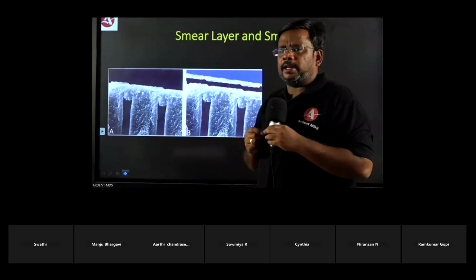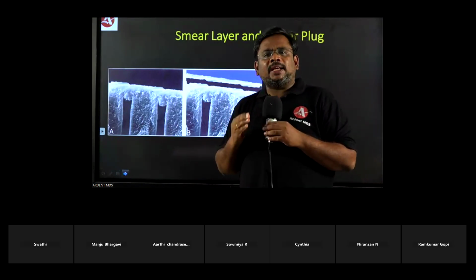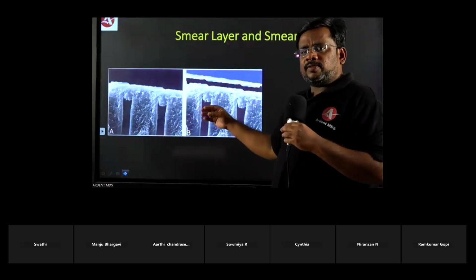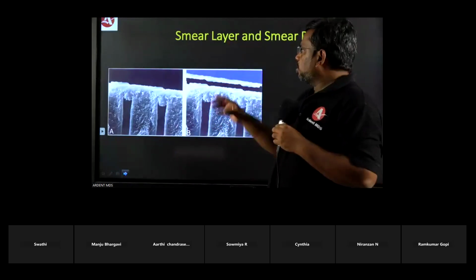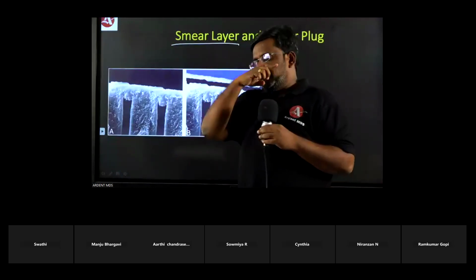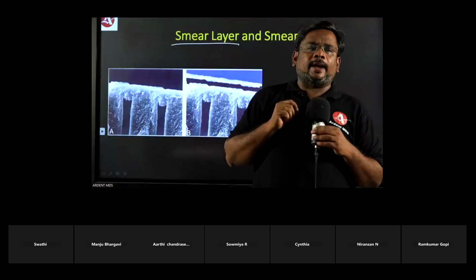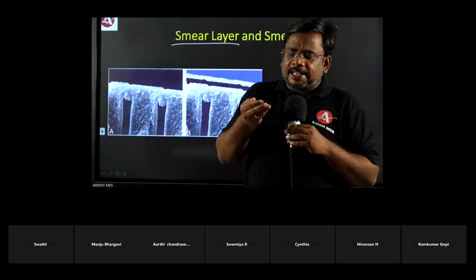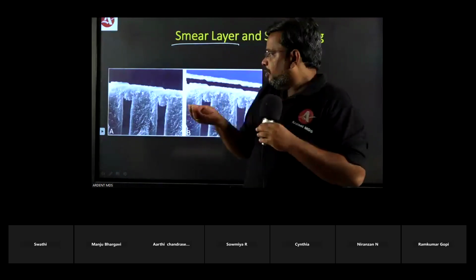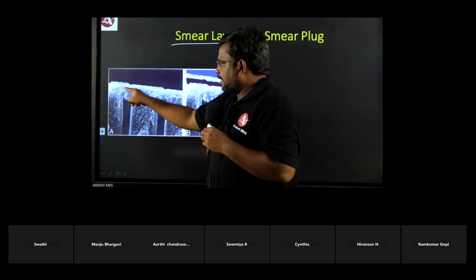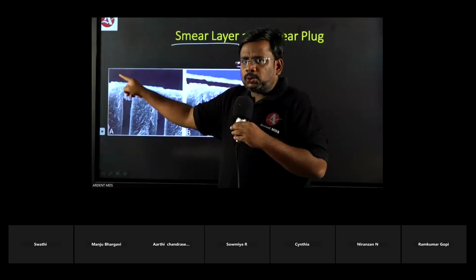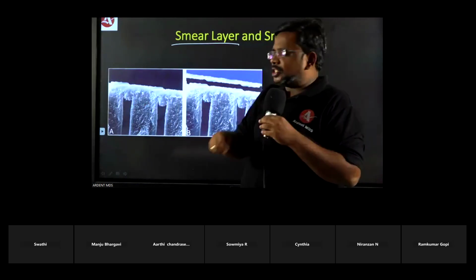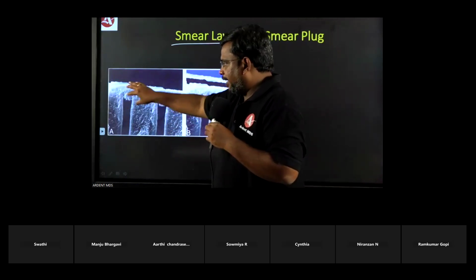Before that, one more extra point. What is called a smear layer and a smear plug? If we know this, the generations of bonding agent will be a little easier. What is a smear layer? Whenever you do the cavity preparation, there is a layer of surface debris of the tooth, bur particles, and some microorganisms created over the dentin.